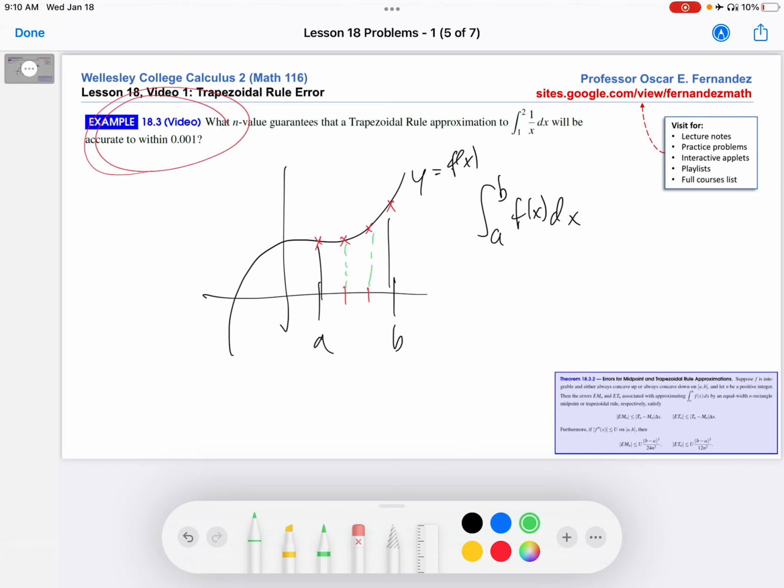The trapezoidal rule basically takes this information and draws trapezoids, to try to approximate the area under the function's graph with the area of these trapezoids. So if I add the areas of all these trapezoids, in this case there are 3, then I get an approximation to the actual area under the curve.